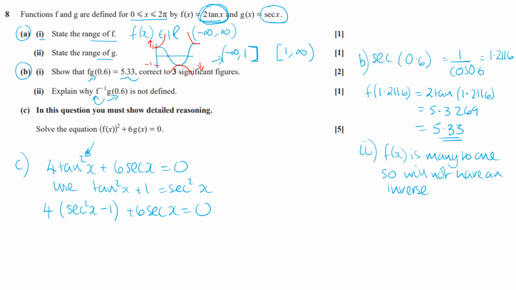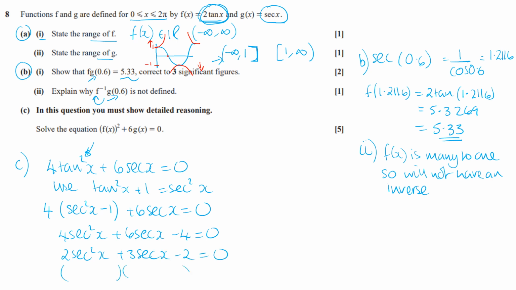So multiplying that out, you've got 4 sec squared x plus 6 sec x minus 4 is equal to 0. Divide by 2, 2 sec squared x plus 3 sec x minus 2 is equal to 0.